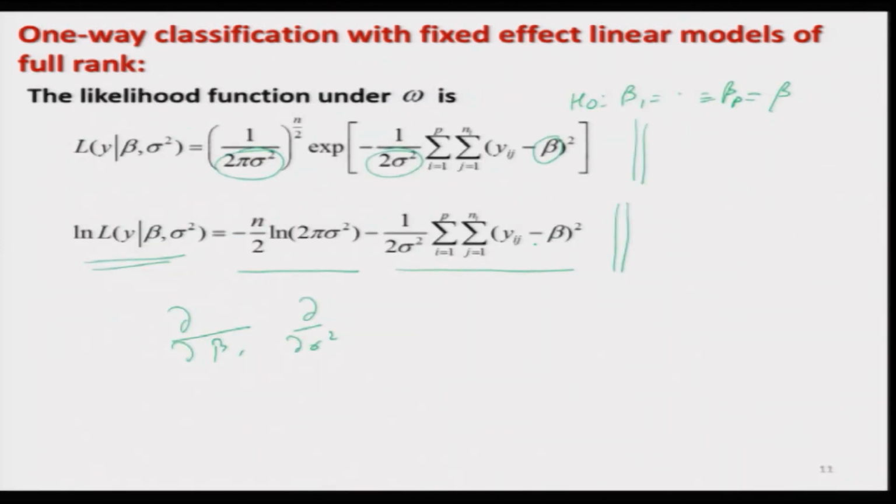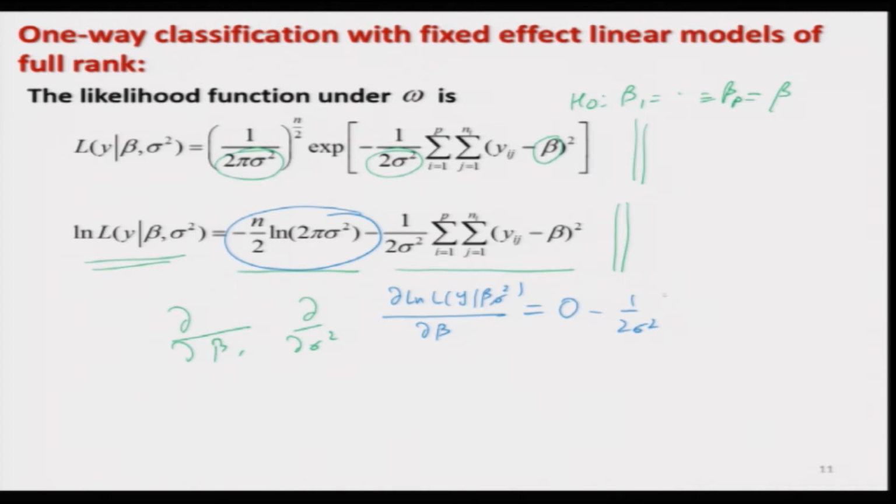Let us see how this value of beta hat has been obtained. If you try to differentiate the log likelihood function with respect to beta, you can see this part is independent of beta, so this becomes 0 minus 1 over 2 sigma square. Now, there is no condition on i or j as it was in the case of capital omega.